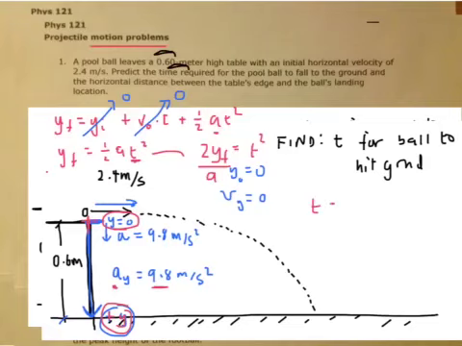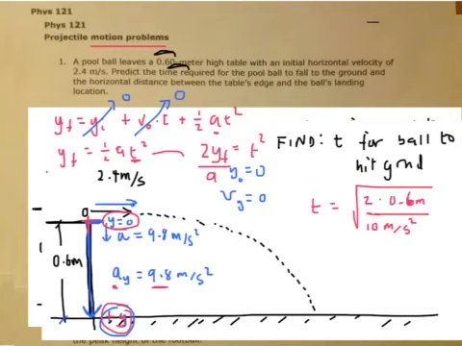So t is equal to the square root of 2 times 0.6 meters divided by, I'm going to say, 10 meters per second squared. I could use 9.8, but I only have one significant figure with the height of the table, so I'll still keep one significant figure with the acceleration of gravity.